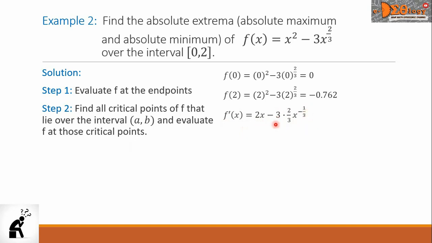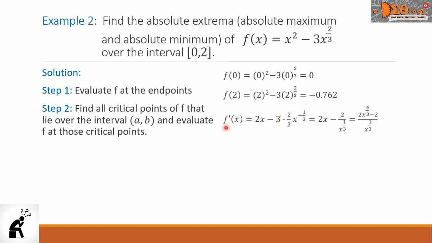We can cancel this 3 and the denominator 3. Simplifying further, our function now becomes 2x minus the fraction 2 all over x raised to positive 1 over 3. Let us combine them into a single fraction. So we have now 2x raised to 4 over 3, then minus 2 all over x raised to 1 over 3. This is our derivative.